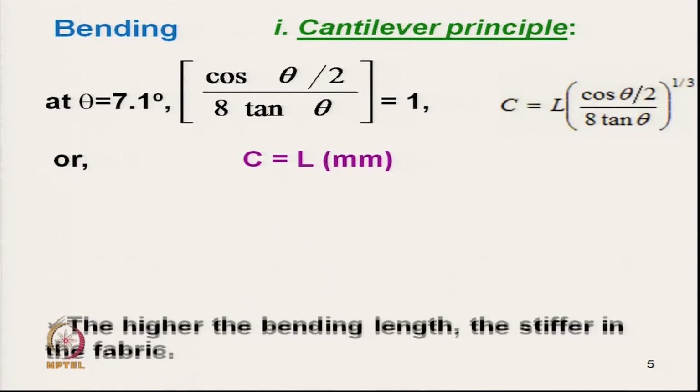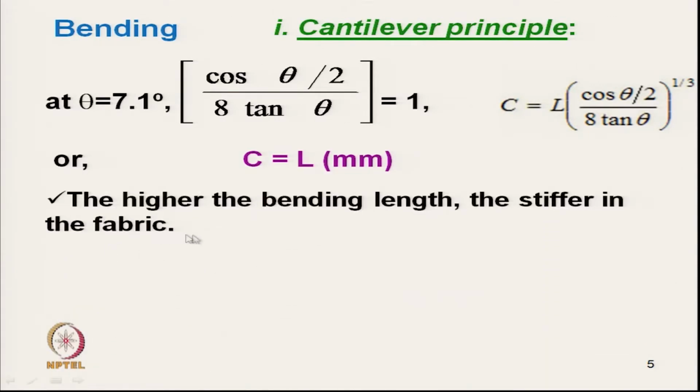So, that means the higher the bending length, the stiffer the fabric will be. So, we can get the value directly from the overhanging length. The main problem is whether we can have the angle of 7.1 degrees in our instrument.